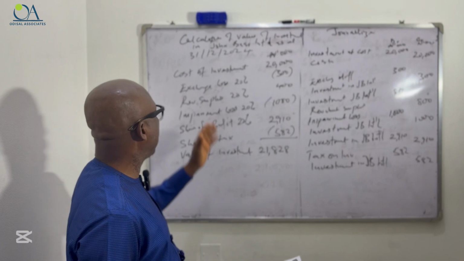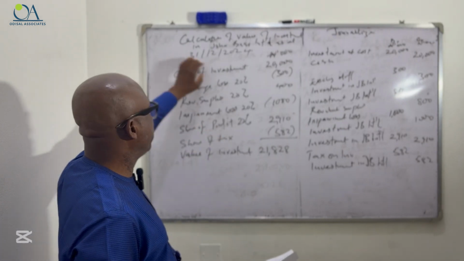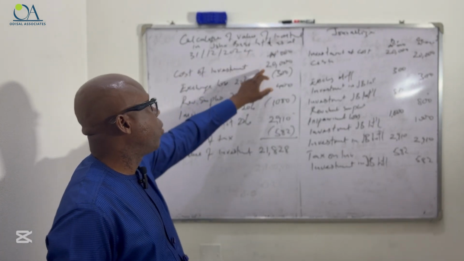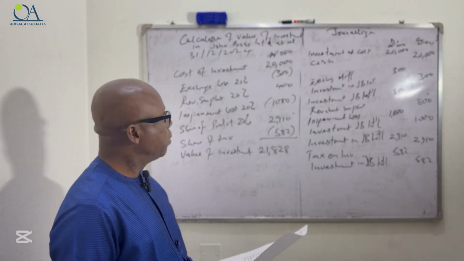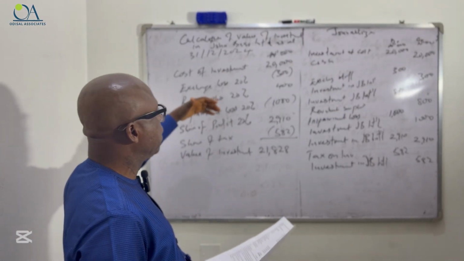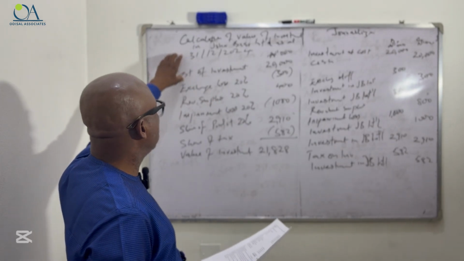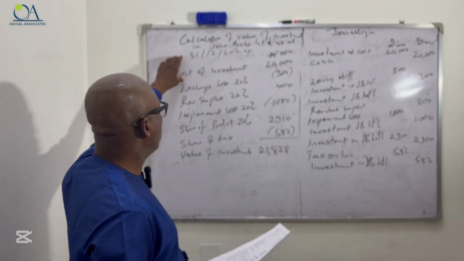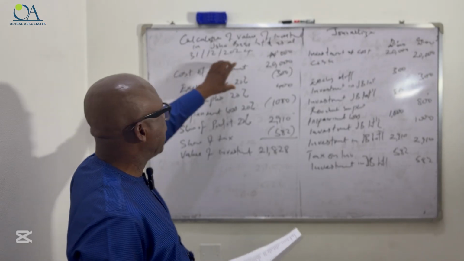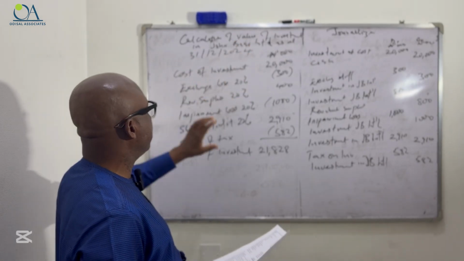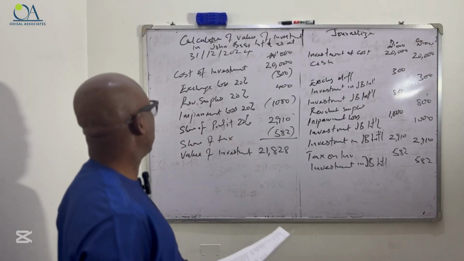So we have this on the board. Cost of investment. Investment at cost is 20 million naira. This was as at 1st January 2024. Now we are looking at 31st December 2024.